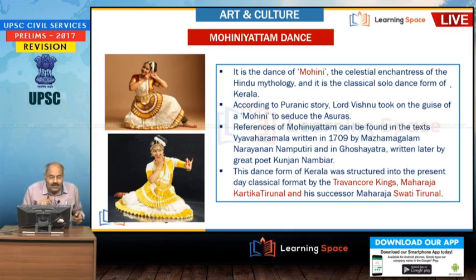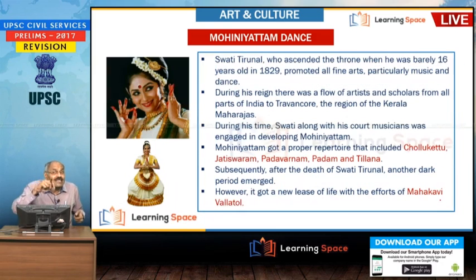Then Mohiniyattam. It is the dance of Mohini, the celestial enchantress of Hindu mythology, and references to Mohiniyattam can be found in the text Vyavaharamala, written in 1709. When you are talking about Mohiniyattam, please don't forget the Travancore kings, who patronized it, and Maharaja Kartika Tirunal and Swati Tirunal are associated with this.